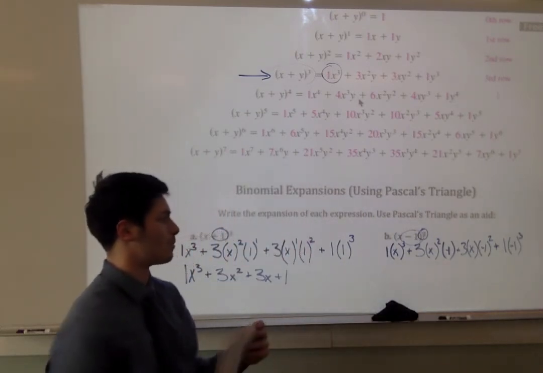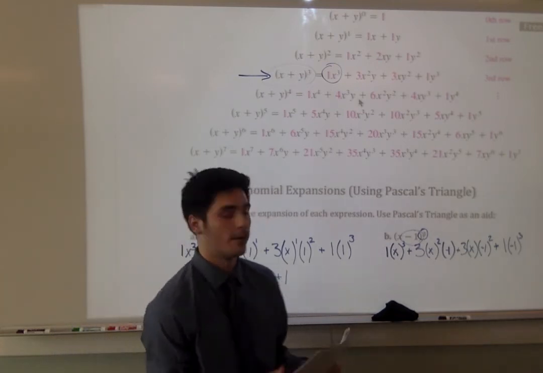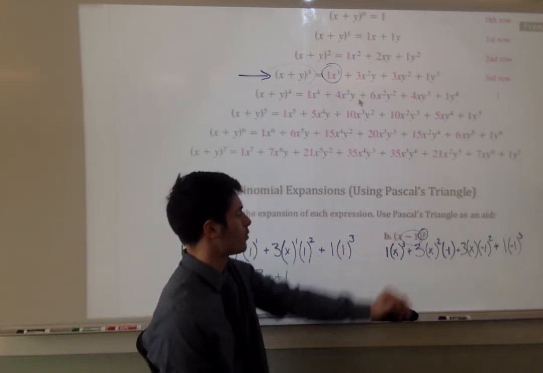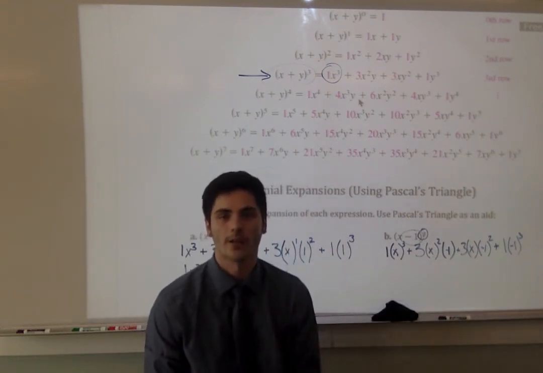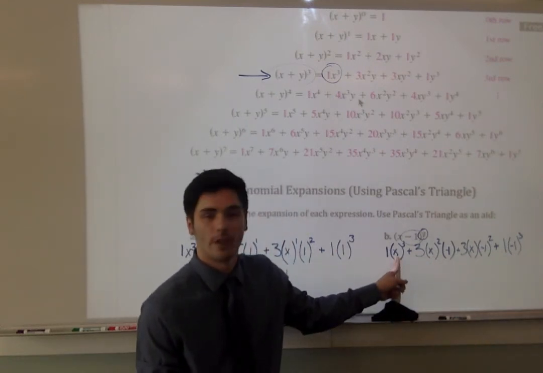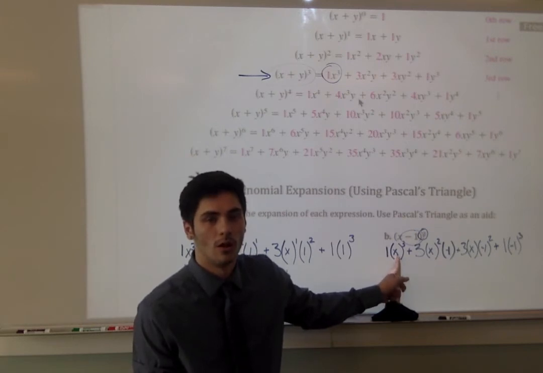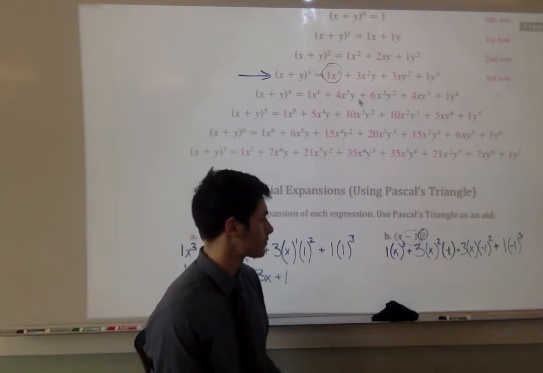And so it's important to note again that if this was 2x minus 1 per se, each one of these x's would be 2x, because this is not just the variable x, it's the whole first term there.